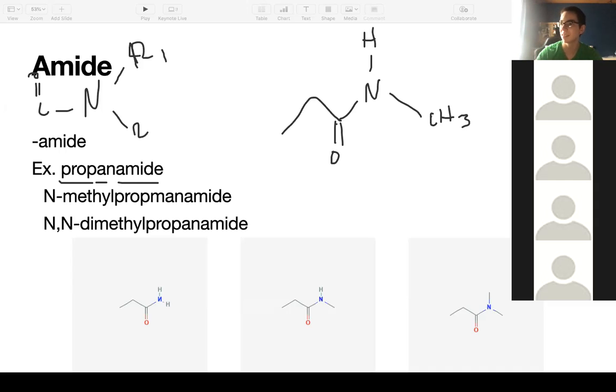But now let's look at that third one I have written down, N,N-dimethylpropanamide. What do you guys think that one is? Does someone want to try drawing it?